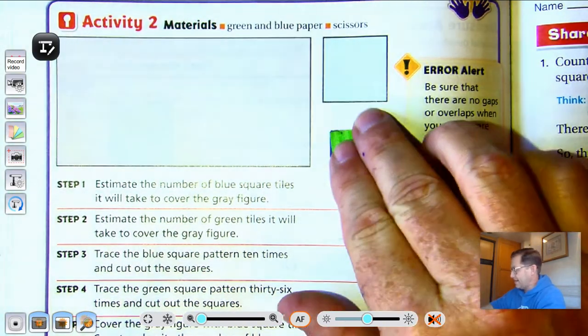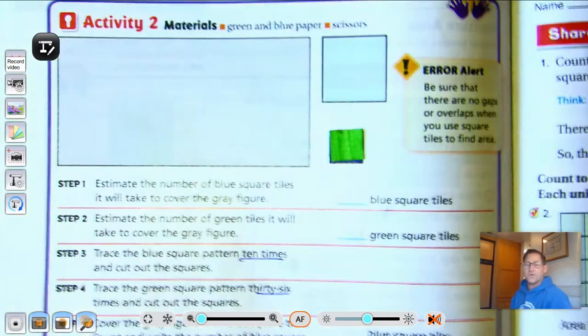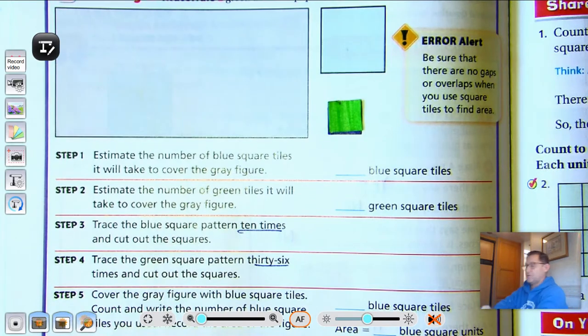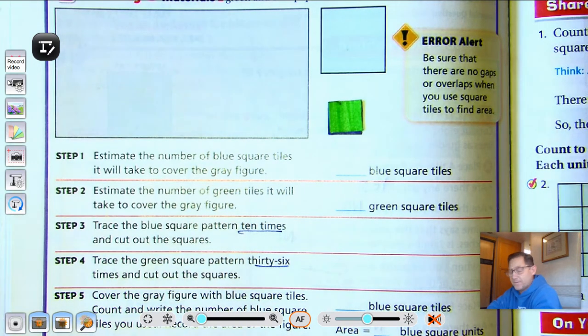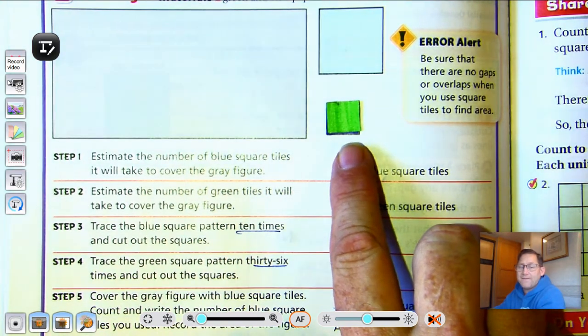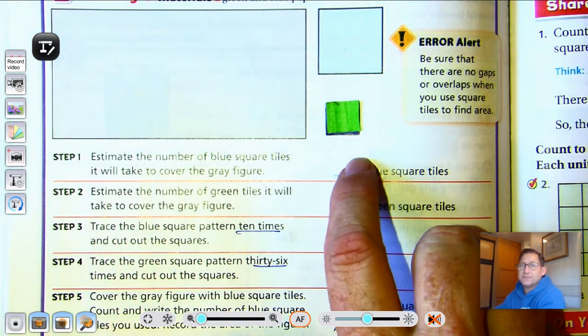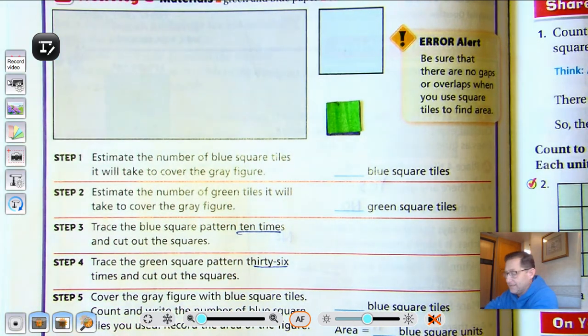And I did that. And it wanted me to make 36 of those. Okay. So if you're going to take the time to do those, I would push pause. And after you've made 10 blue 1-inch squares and made 36 1/2-inch squares, you can come back and complete the activity.